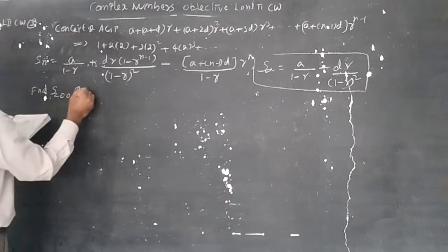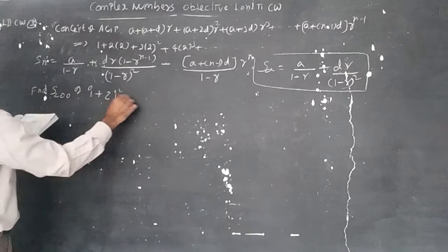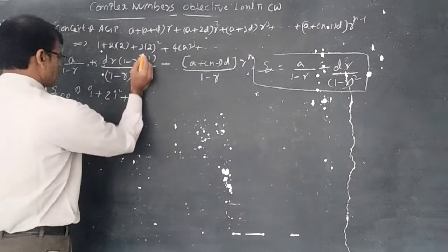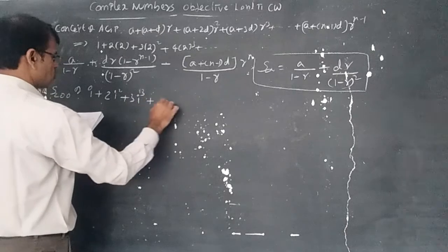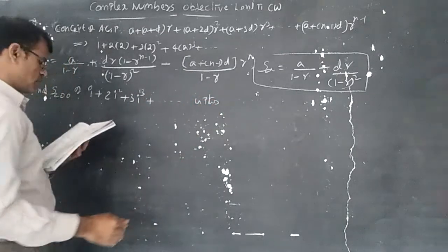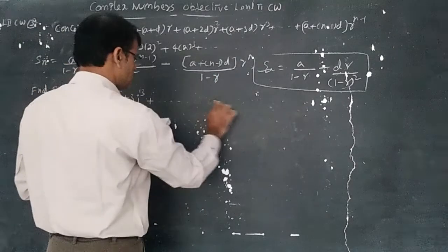The series is iota plus 2 iota square plus 3 iota cube, so on, up to 200 terms.